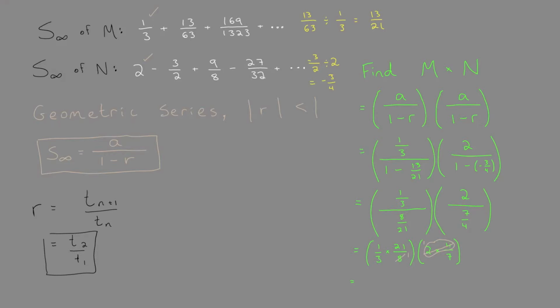Similarly, we have 3 times 7 is 21 in the denominator and 21 in the numerator, so we could reduce. 21 over 21 is 1 over 1. Oh, so the entire thing is 1 then? Yeah. So this evaluates to 1. Everything in here is 1 times 1, which is just 1.